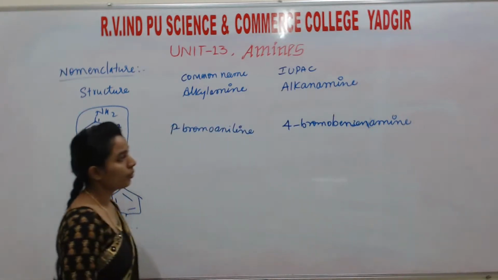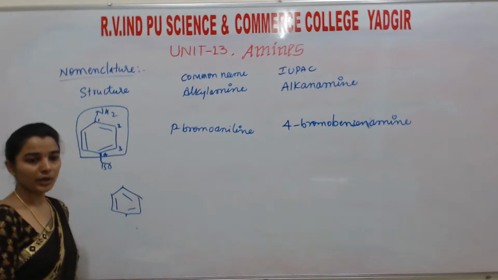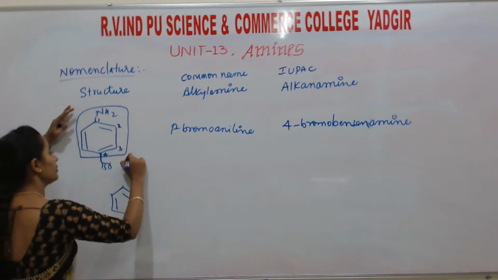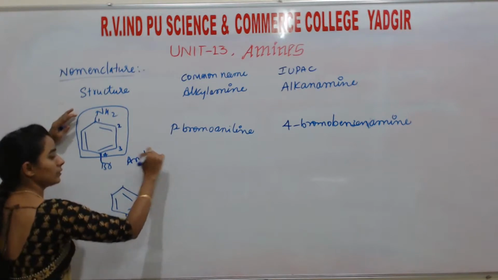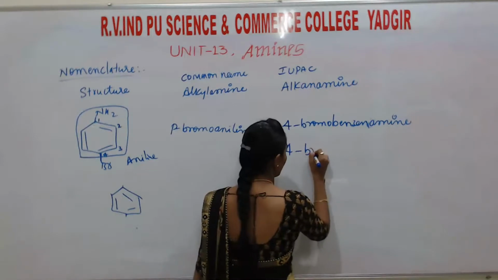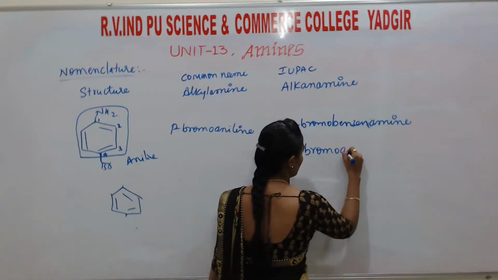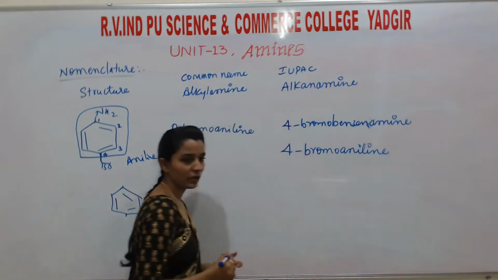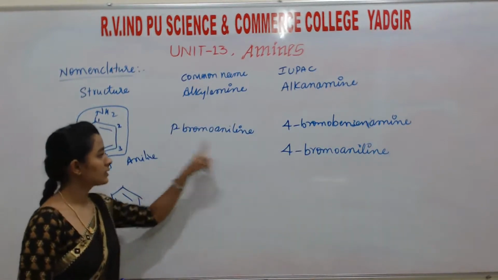So you may write 4-bromobenzenamine. Or you may also consider this complete group as aniline. Again, instead of this, you write 4-bromoaniline.